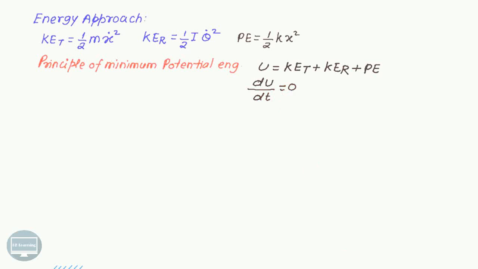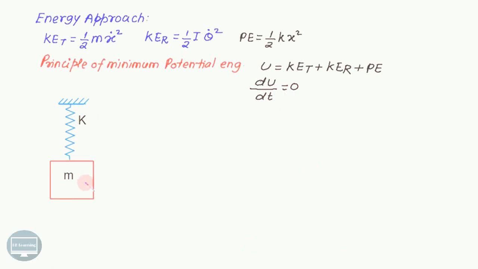0. Now the expression for the natural frequency: the mass is displaced by distance x. So the corresponding translational kinetic energy is 1 by 2 m x dot square.